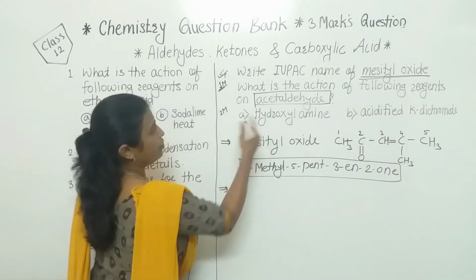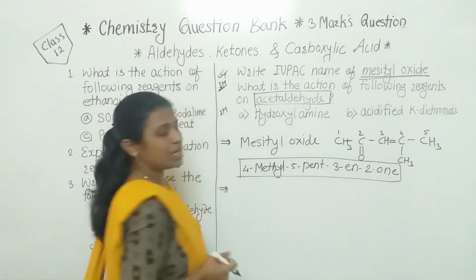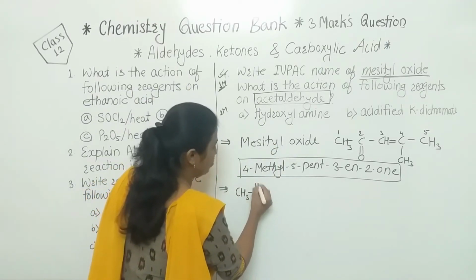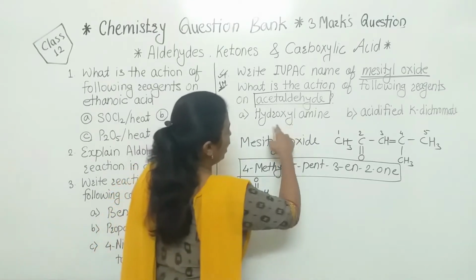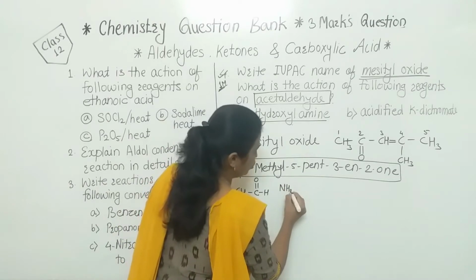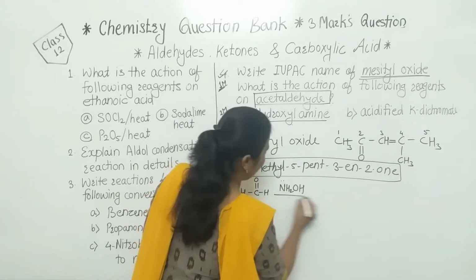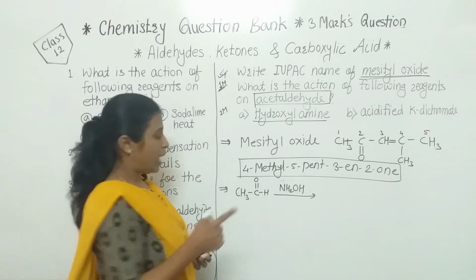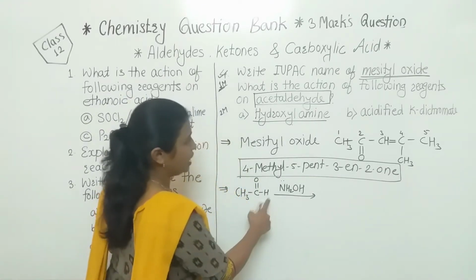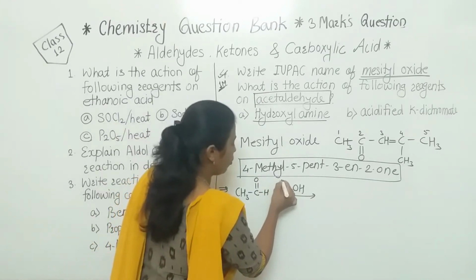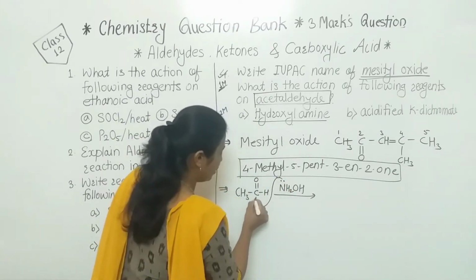This is the 1 mark answer for this question. Next one, here we have to discuss the reaction on this acetaldehyde. Acetaldehyde, its structure is CH3C double bond O H. We are treating it with hydroxylamine, means NH2OH. As we have seen this reaction previously with propanal, here also we are going to discuss with ethanal, nothing but acetaldehyde. The lone pair which is present on that nitrogen will attack here.